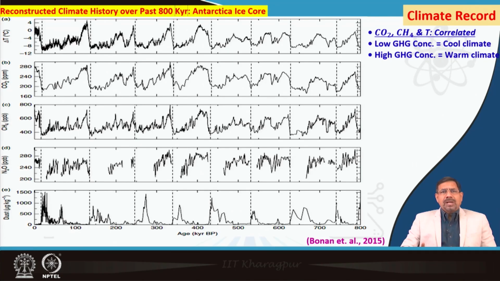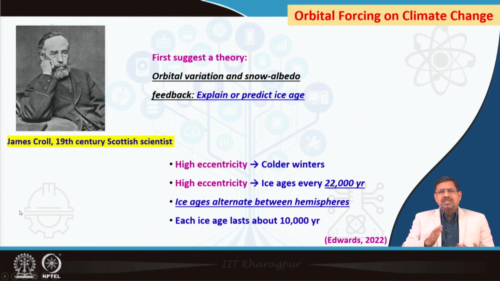So, an important corroboration that the rise in these greenhouse gases has perhaps led to the rise in the temperature of the present day, or since the past few decades, which is the first revelation that scientists have given to the world, that the greenhouse gases are the dominant contributor of temperature rise as far as the present day is concerned. Now, let us go back in terms of understanding the orbital forcing on climate change.